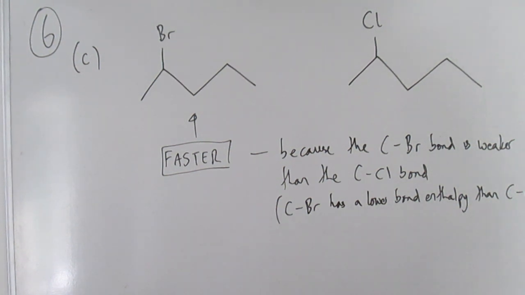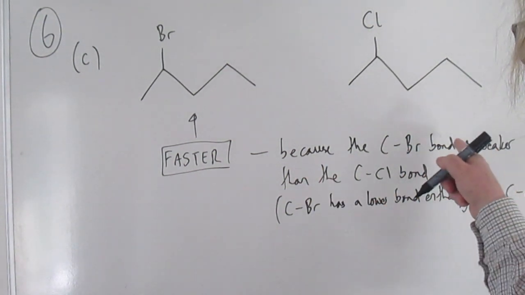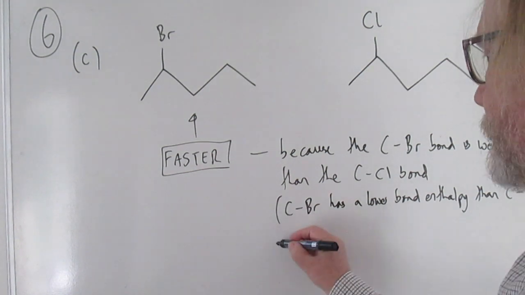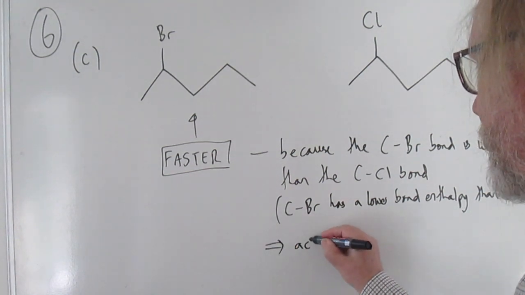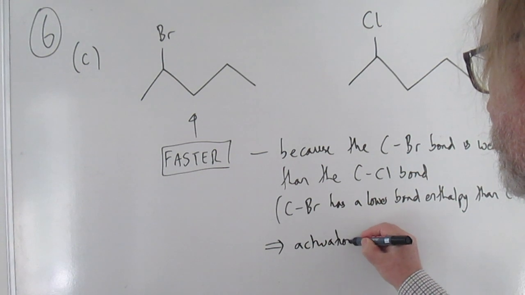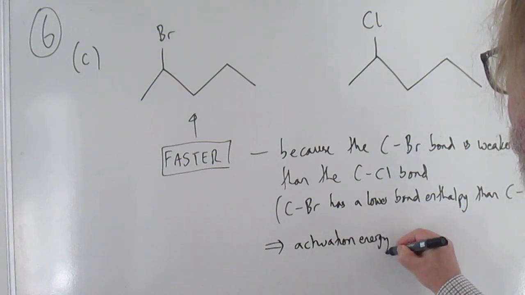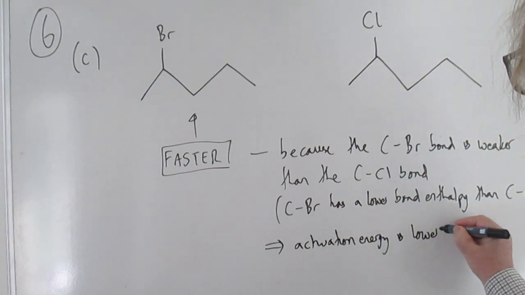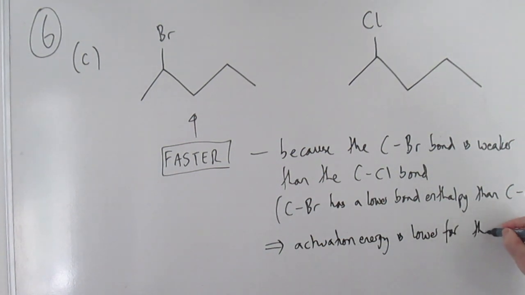But as I say, that's something we'll talk about much more later on, but I think it's just worth adding to that because the CBr bond is weaker, this means that the activation energy is lower for the bromoalkane reaction.